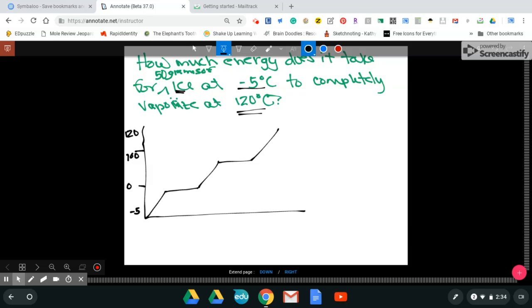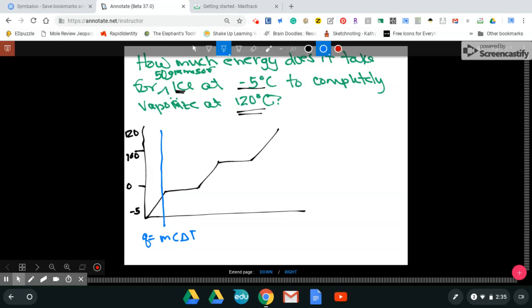So you have to do this in stages. So our first stage, and this is going to take up a lot of paper, is right here. Now, anytime I have a slant, I can use the formula Q equals MC delta T. So I can use that for this first part of it.